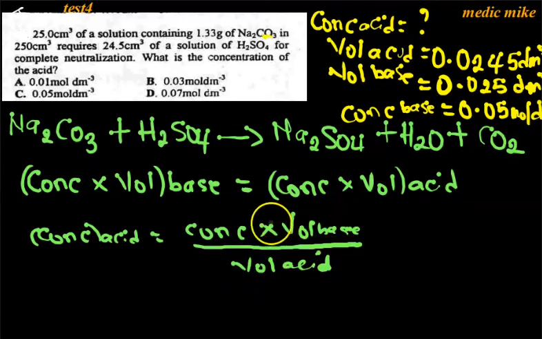Hope you understand. I just got this from our first formula we have here. So when we make concentration of acid, which we are looking for, the subject of the formula, we'll be having that over there.